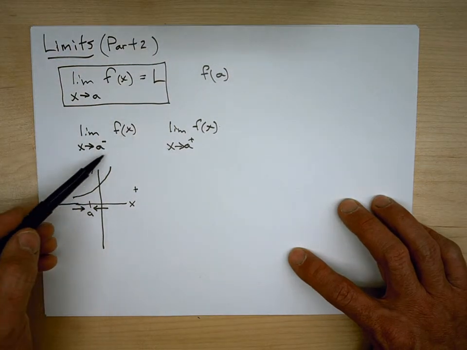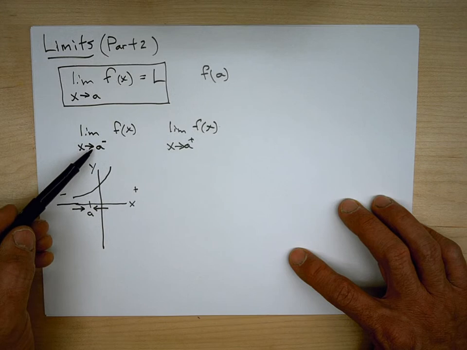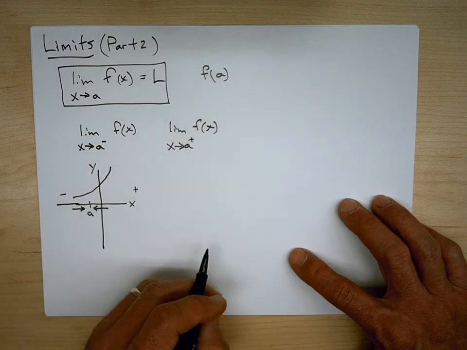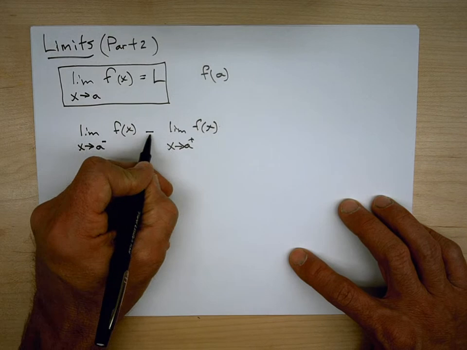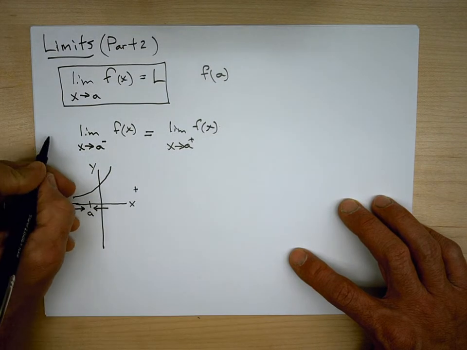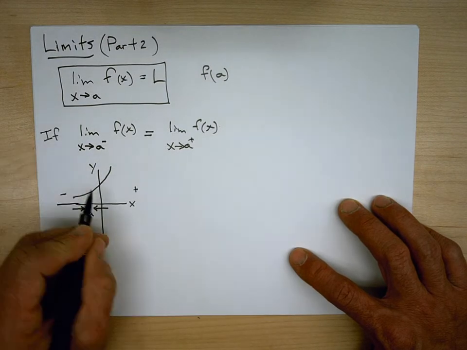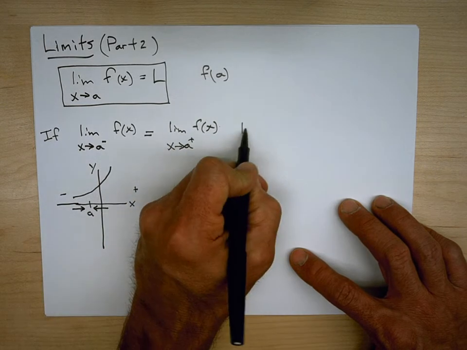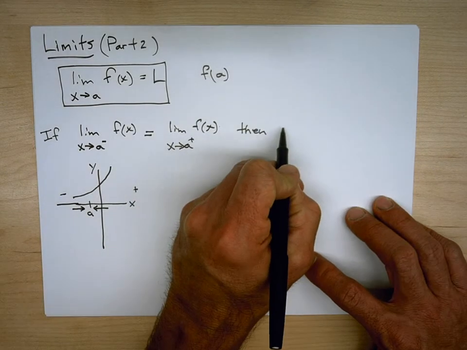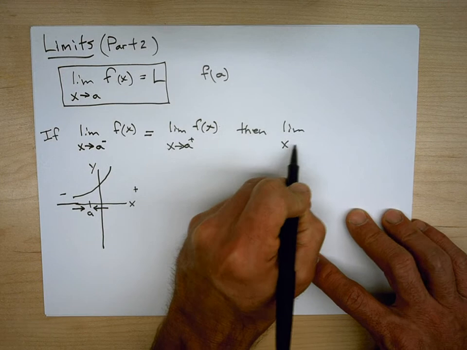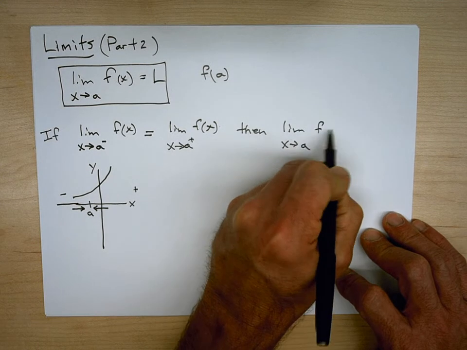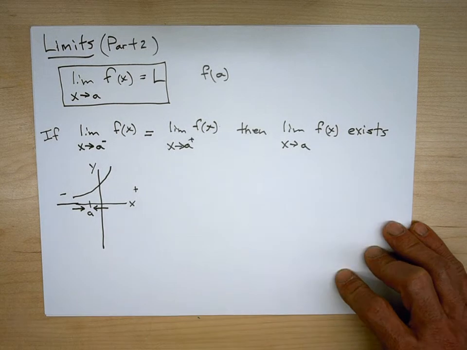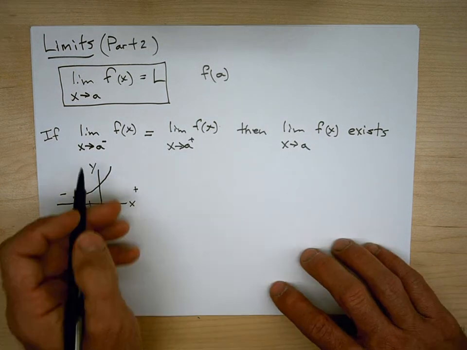In other words, this could converge to a particular y value. This could also converge to a particular y value. But if the left-hand limit and the right-hand limit are the same, then the limit exists. All right, so we could actually say a little bit more.